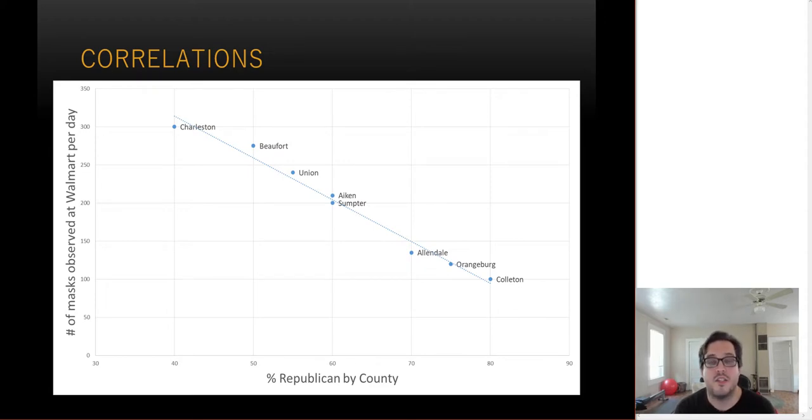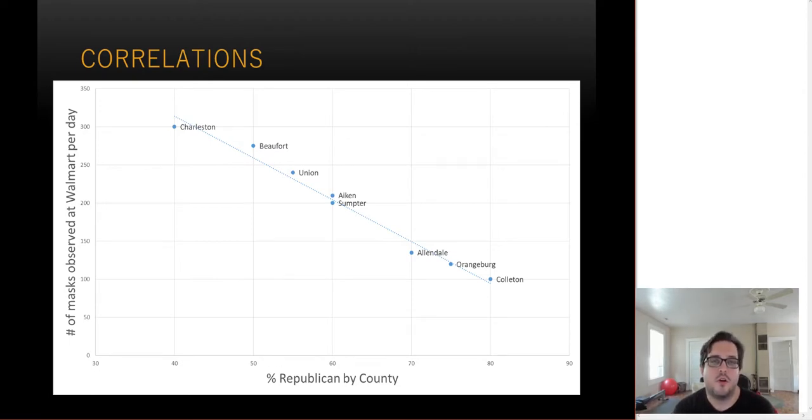So I plotted each of these data points out, where in Charleston, where I guessed there was 30% Republican, I saw 300 masks per day. Then in Beaufort, where I predicted 50% Republican, they saw 275. And then so forth and so on for Union, Aiken and Sumter, Allendale, Orangeburg, and Colleton.